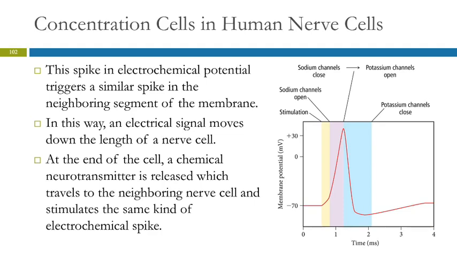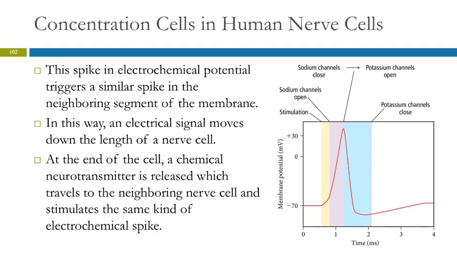So we get a spike in an electrochemical potential in one area of the membrane, and that triggers a spike in a neighboring region. It's a little bit like doing the wave at a football game. This spike makes the area next to it spike, and so that spike travels down the nerve. So the electrical signal moves down the length of the nerve cell.